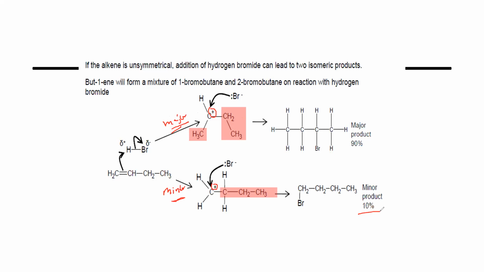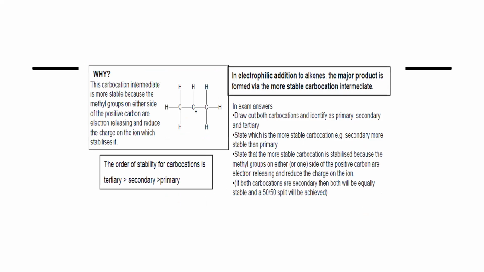That's why the major product is the one which has a stable carbocation surrounded by more alkyl groups as compared to the second one, in which only one carbon chain is attached. This is all the part which we already discussed in the last session.